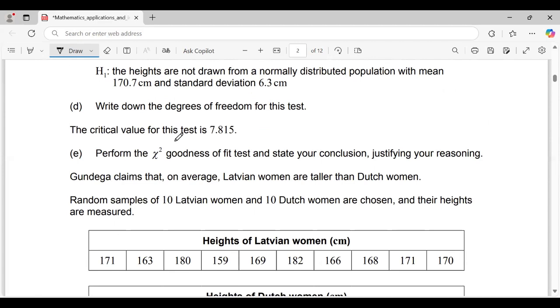The critical value for this test is 7.815. Perform the chi-squared goodness of fit test and state your conclusion, justifying your reasoning.